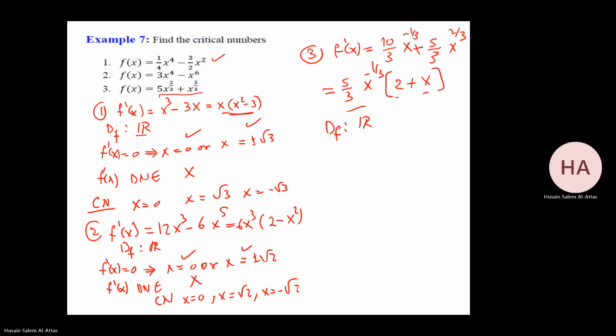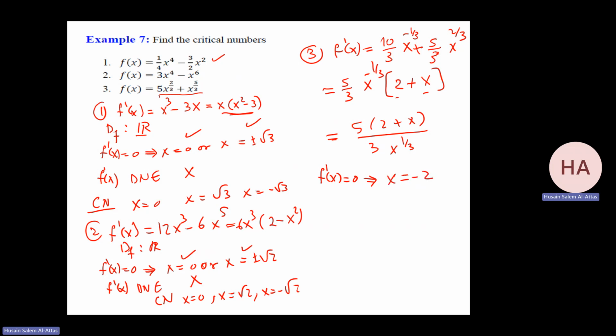Now, f prime equals 0. By the way, let me rewrite f prime in a nicer way, easy to conclude: that will be 5 times 2 plus x over 3 times x to the power 1 over 3, or cube root of x. So f prime equal to 0 implies the numerator is 0, so x equals minus 2.